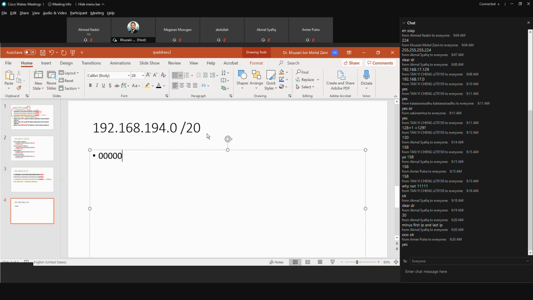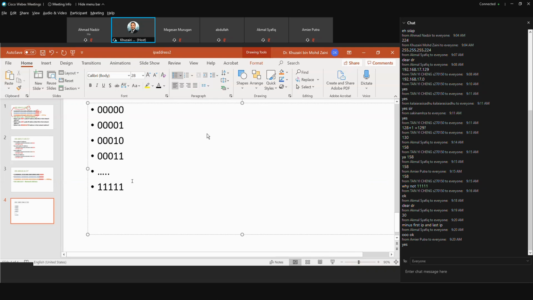Understand? And then 1, 1, like that. Okay? Until you get all 1s. So all these combinations, you have 32. How do you get 32? The easiest way, you put 2 to the power of 5, you'll get 32.